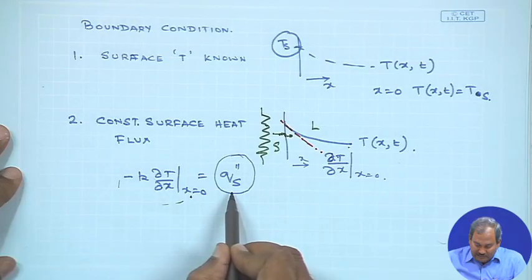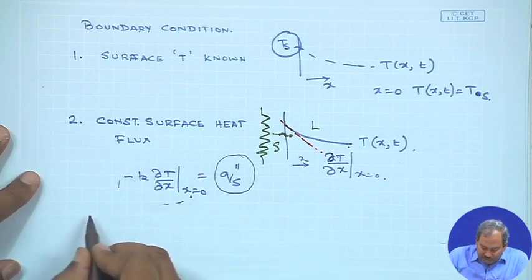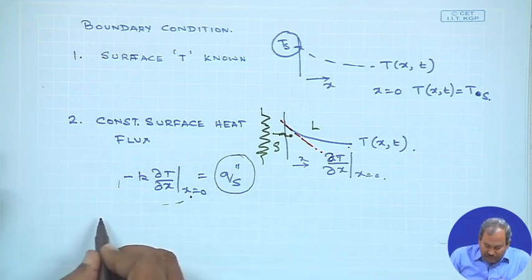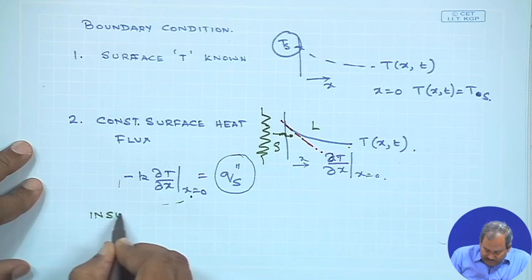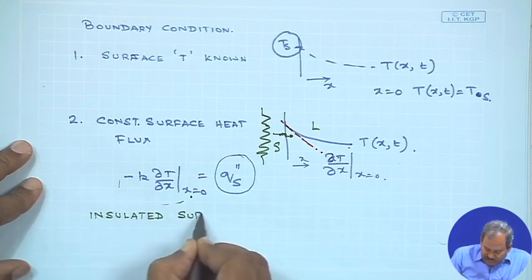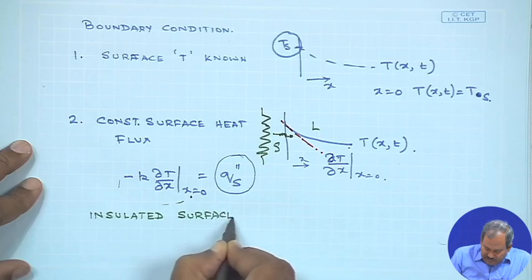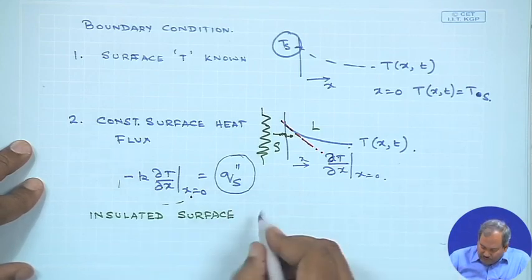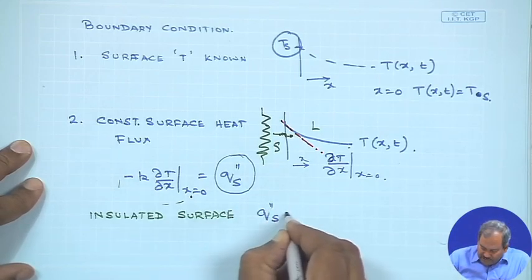So, going back to what we have shown here before, this q s double prime is equal to 0. So, if you have an insulated surface, then your q double prime s is equal to 0.